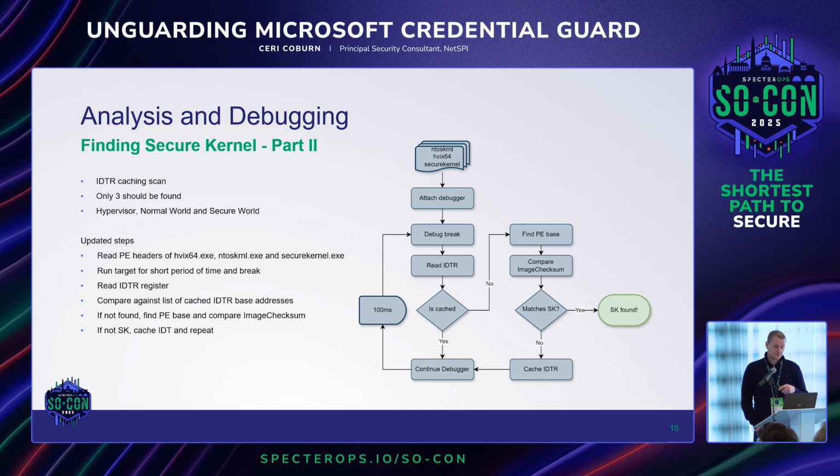Finally, if you match the image checksum against the one you found in memory, you now know that you found the secure kernel once again, and hopefully we're back to an automated solution, and it should be a little bit more robust and not reliant on certain Microsoft structures.